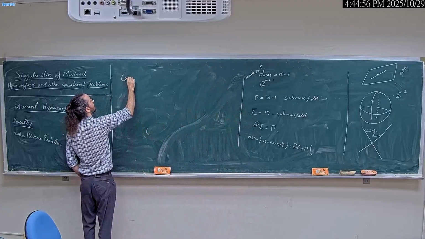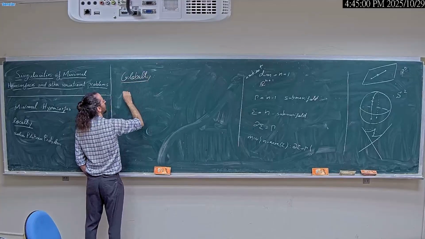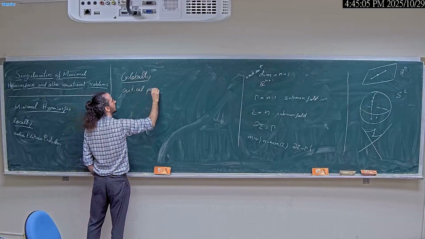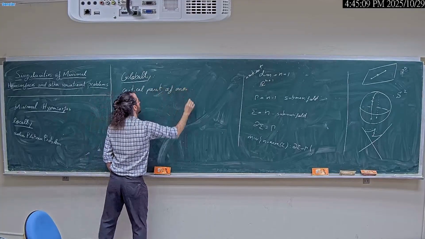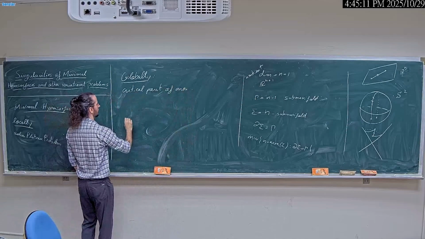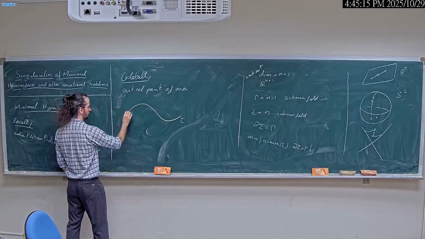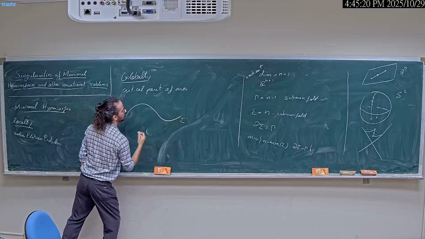And globally, again, it's a critical point of area. So if you start with a surface Sigma, let's say it's two-dimensional, okay?